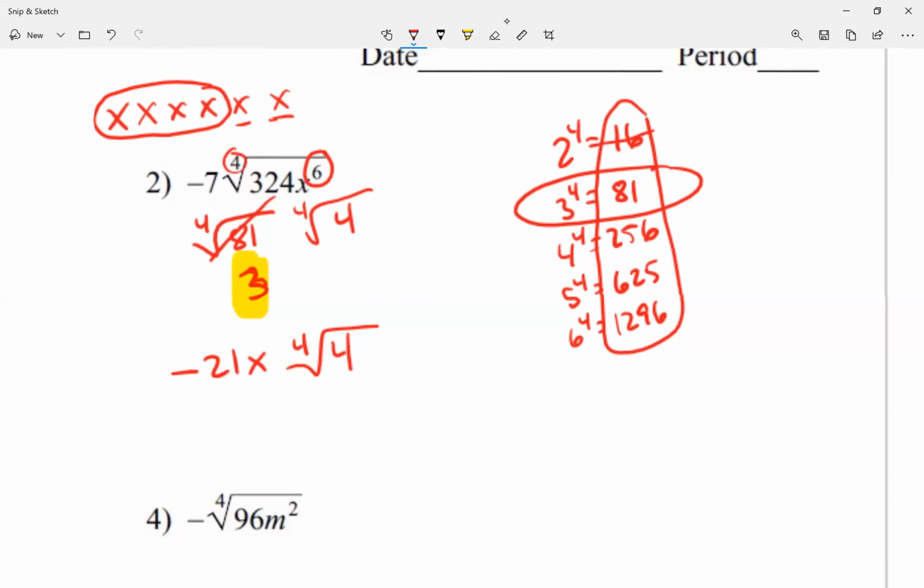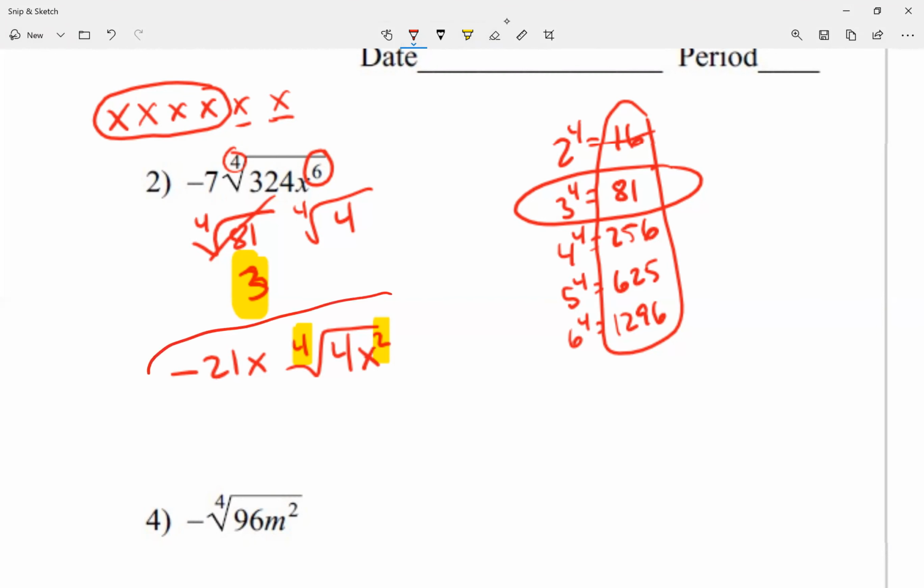My remainder is I have x twice. So inside of the radical, I'm going to write x to the 2nd. My exponent, when I look inside of my radical, has to be smaller than the root, right? 2 is smaller than 4. So that's it. That's my answer.